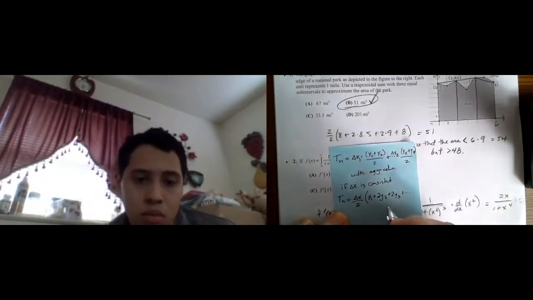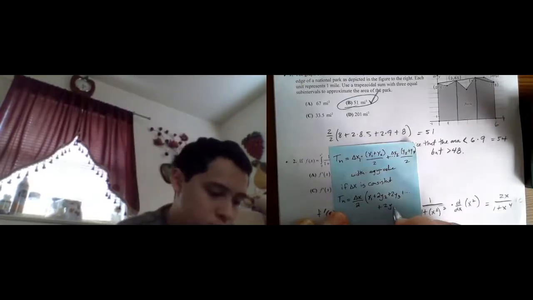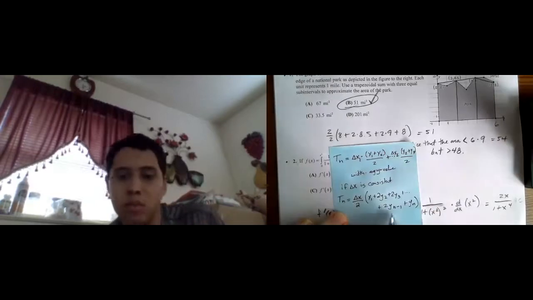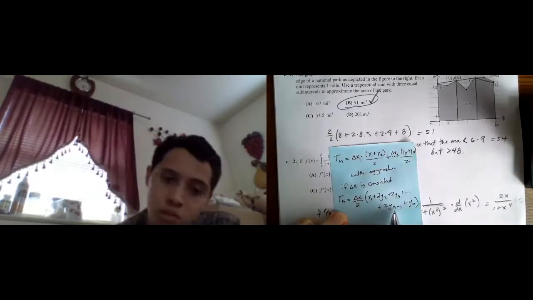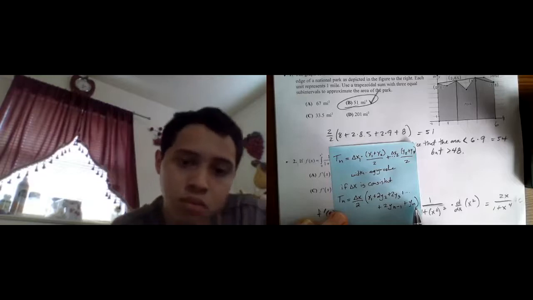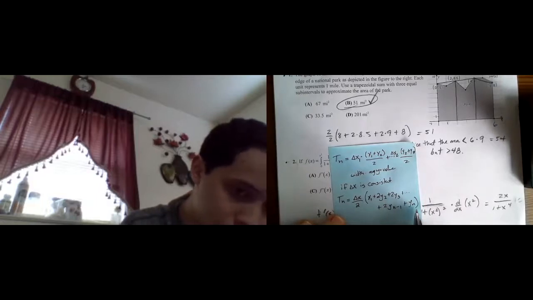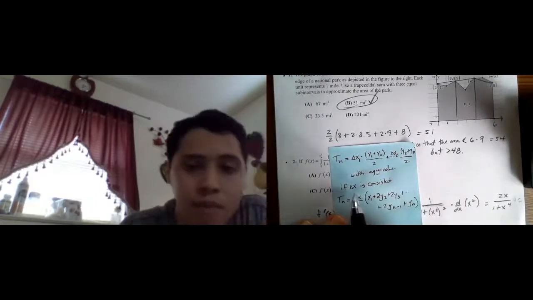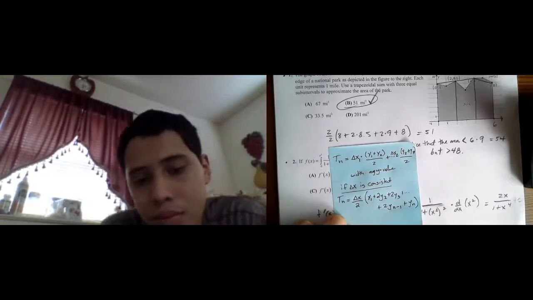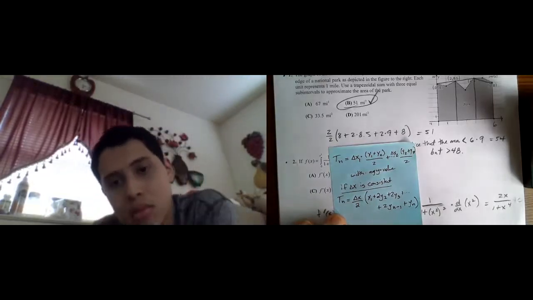It just keeps going, and then it's plus, let's say, 2 times y minus 1 plus yn. So the next to the last y value is still going to appear twice, but the very last y value, the nth data point, is going to only appear once. This formula only works if delta x is consistent, meaning it's the same for every trapezoid.